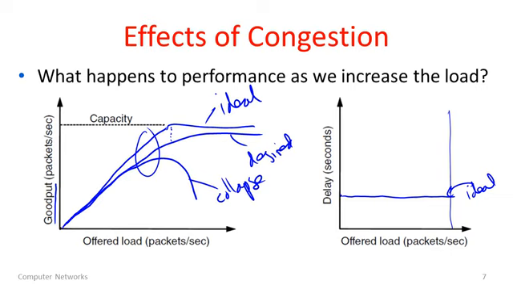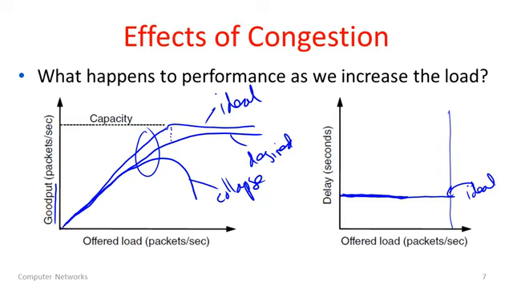Initially, and until we get close to the offered load, we will have output rates that are greater than the input rates, and so we would expect there to be almost no queuing. In that case, the delay is really not going to go up much at all. However, as we get close to congestion, those queues are going to start to build. And as they start to build, the delay will build.